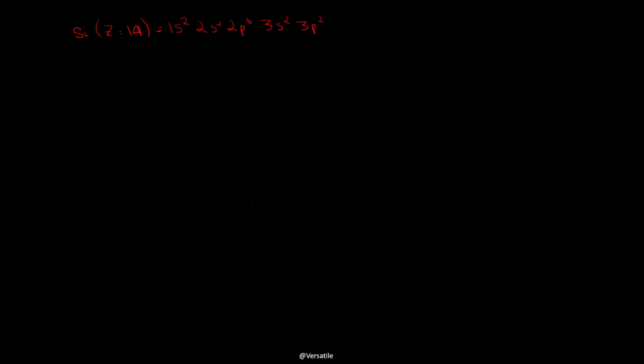We know that the p orbital has 6 subcells, but here we have only 2 electrons, so that means 2 subcells are filled and 4 subcells are empty.